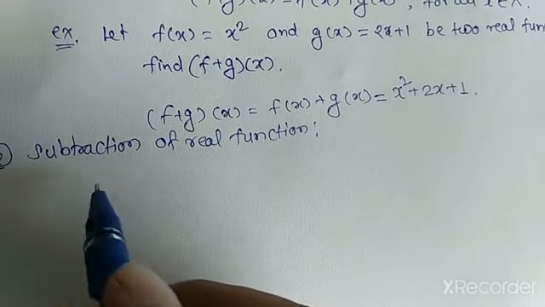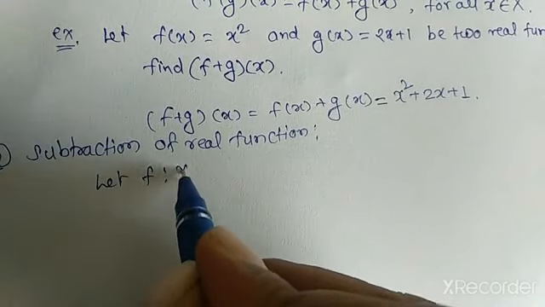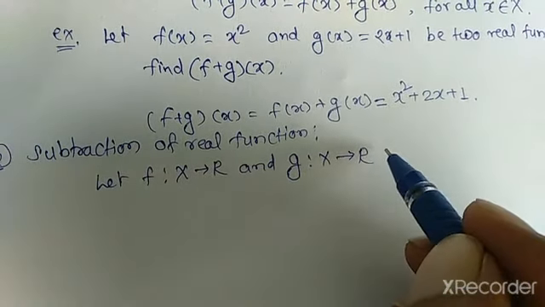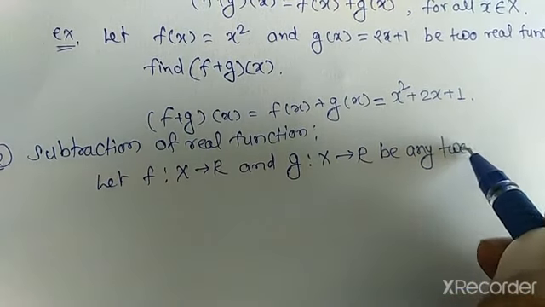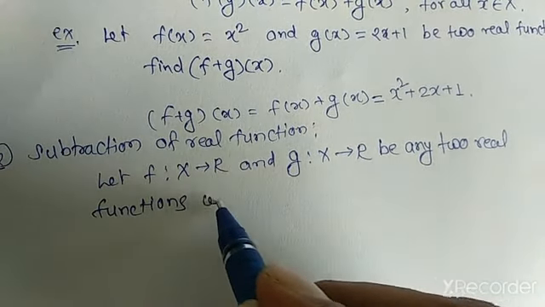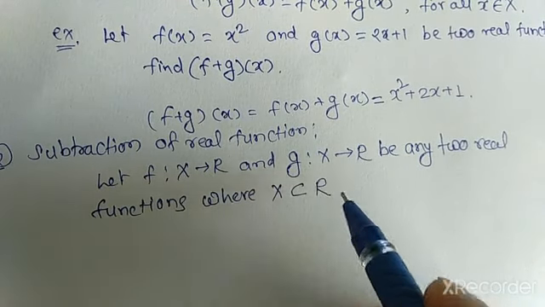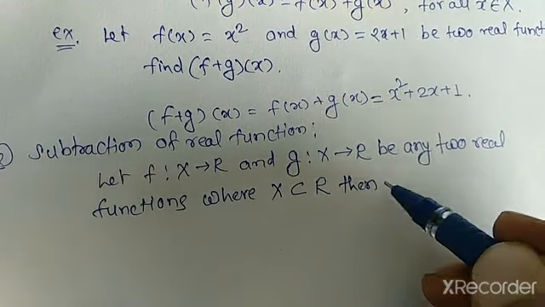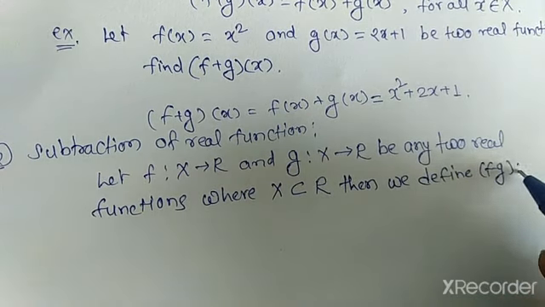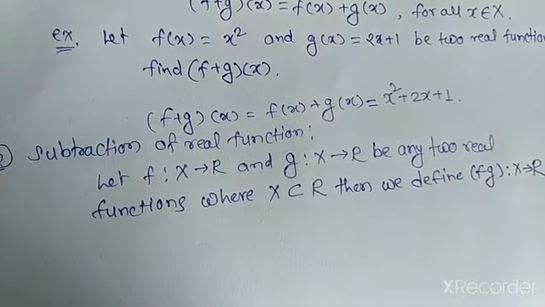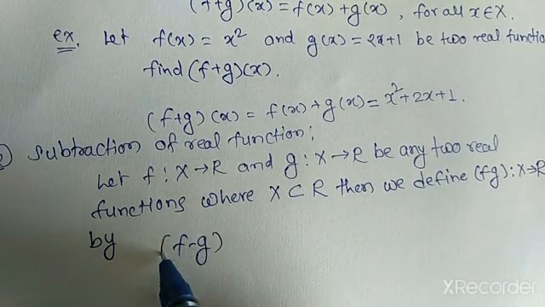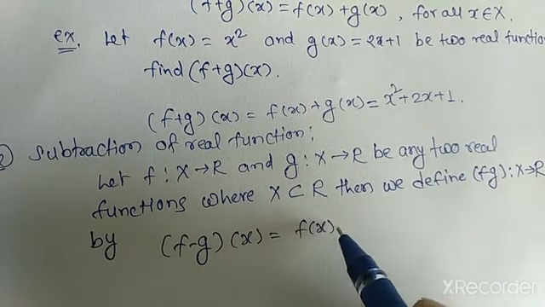In that, same as before, f is a function from X to R and g is also a function from X to R, be any two real functions, where capital X is a subset of R. Then we define a function f minus g from X to R by (f minus g)(x) is equal to f(x) minus g(x).